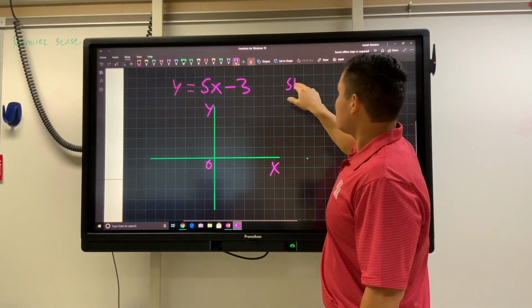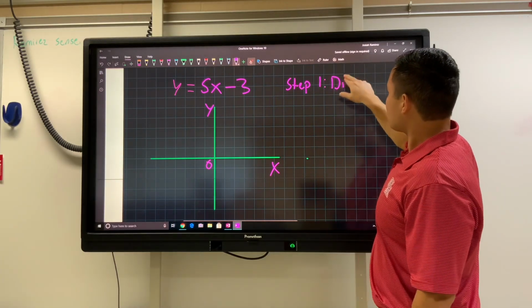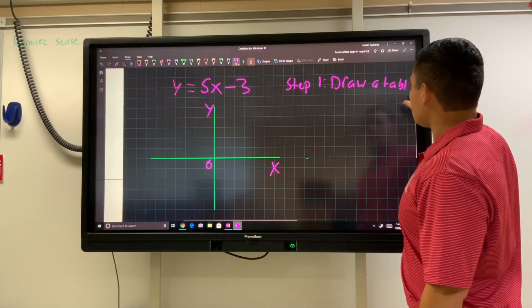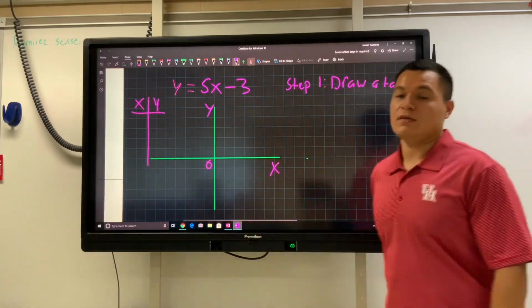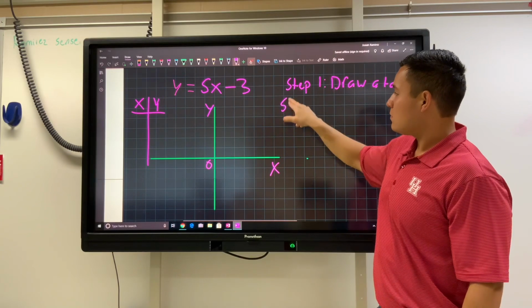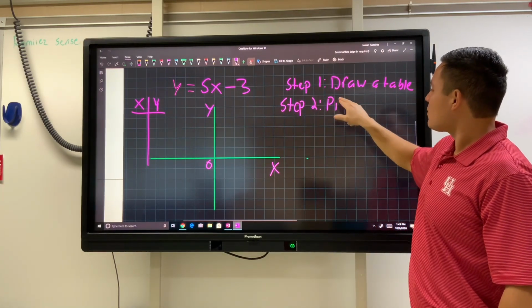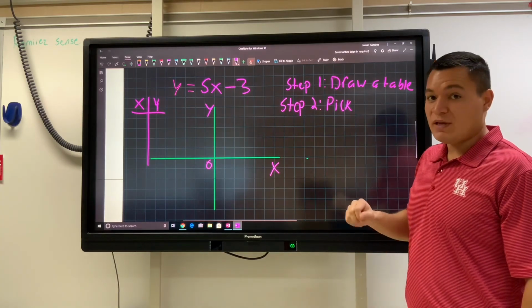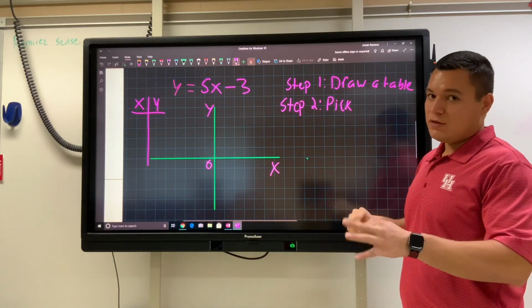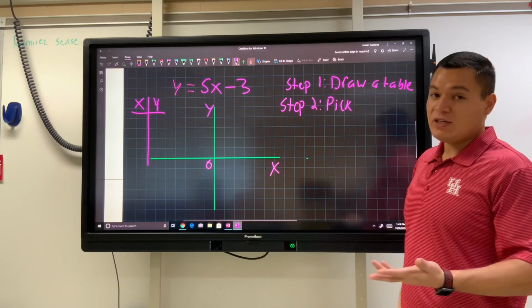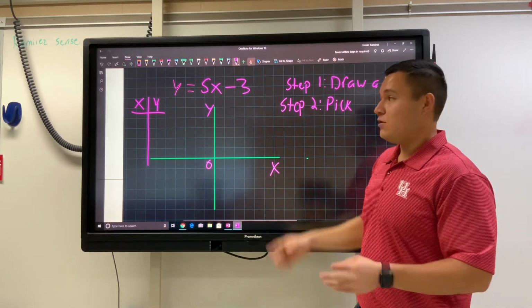So step 1. Draw a table. There's my table. Step 2 is going to be pick about 3. The minimum you need is 2, but if you do 3, you're going to get a better graph.